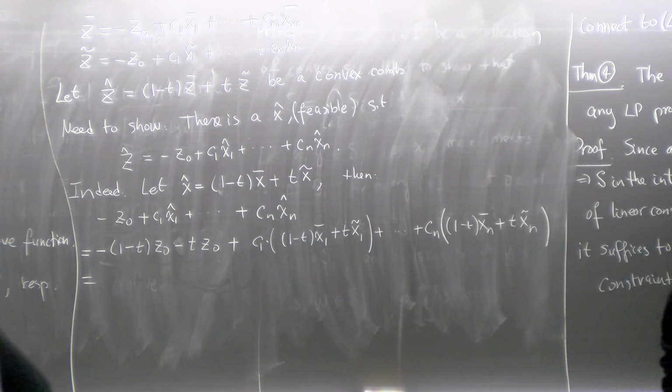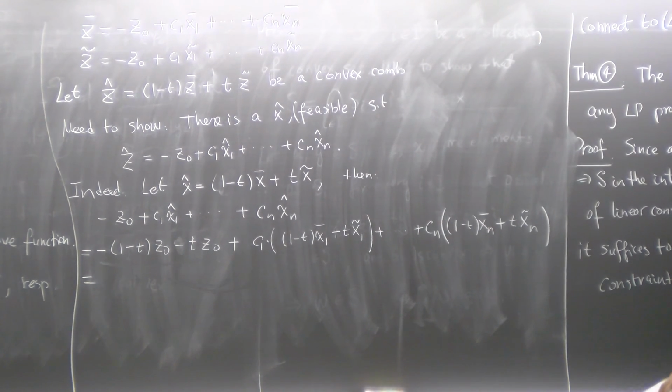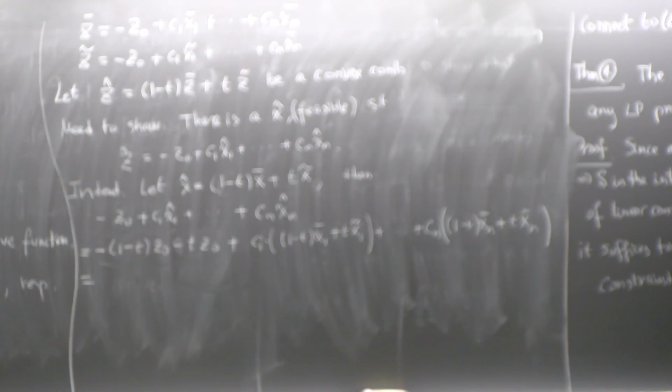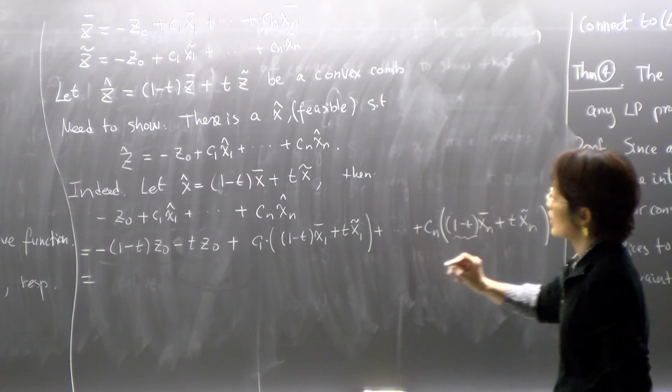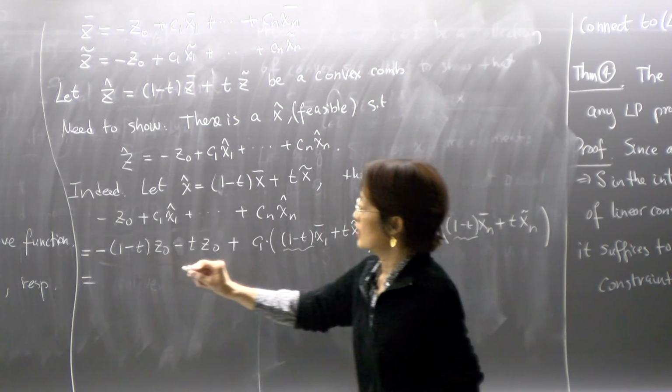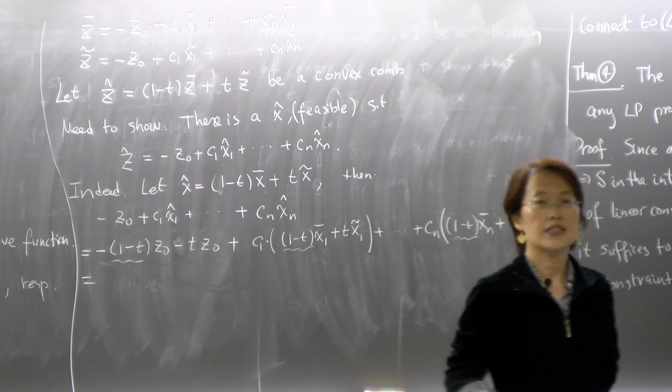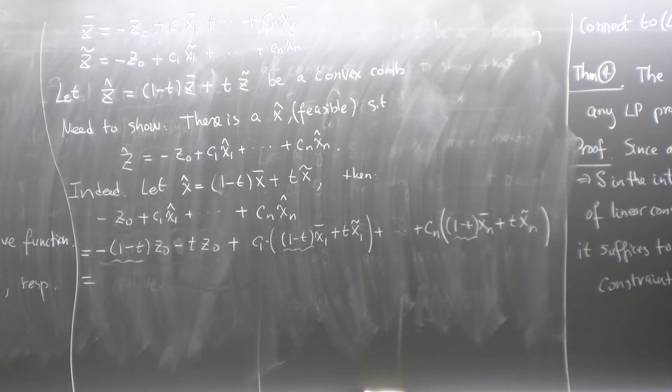Now I'm going to collect terms together and in a smart way choose some good regrouping. I will take all the terms with 1 minus t together. That's a common factor of all those terms.